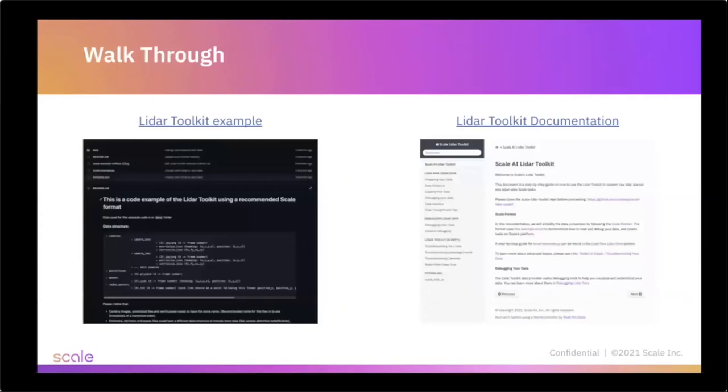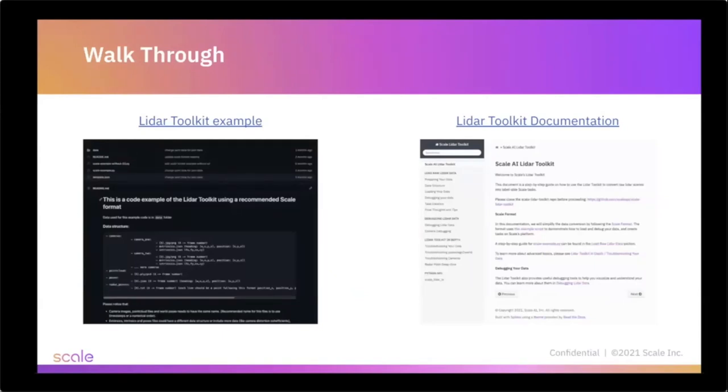So how to get the LiDAR Toolkit? Under the Scale account on GitHub, there is a repository called Scale LiDAR Toolkit. There is a README that explains how to install and use it. To install it is super easy, it's just run pip install.